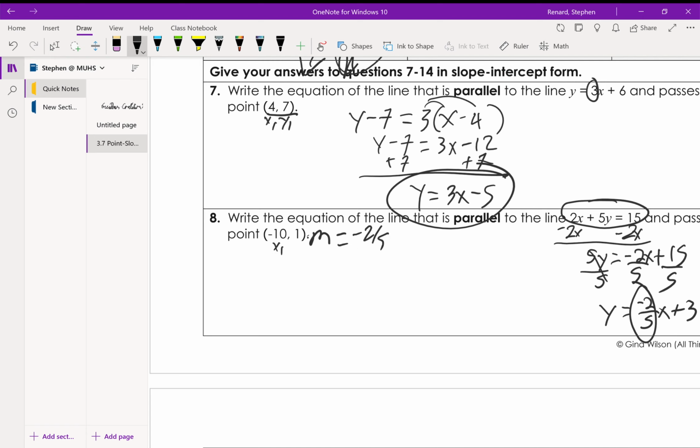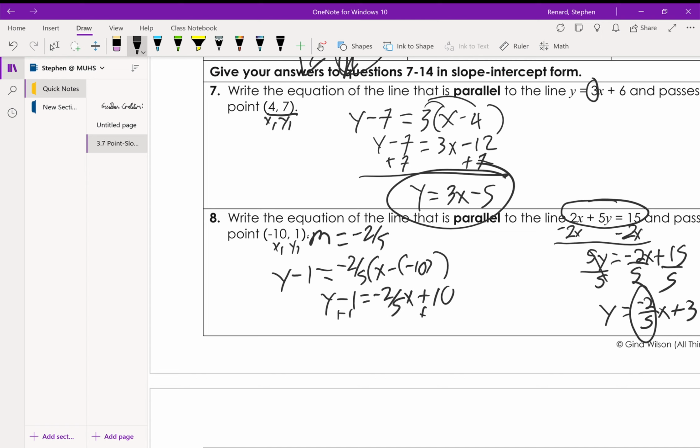This is my point, x1, y1. So now we go y minus y1 equals m, that's my slope, times x minus x1, negative 10. So we have y minus 1 equals negative 2/5 x plus 10.